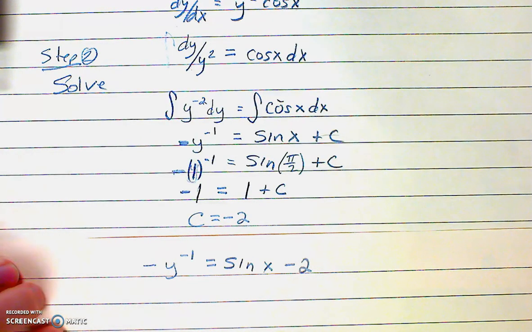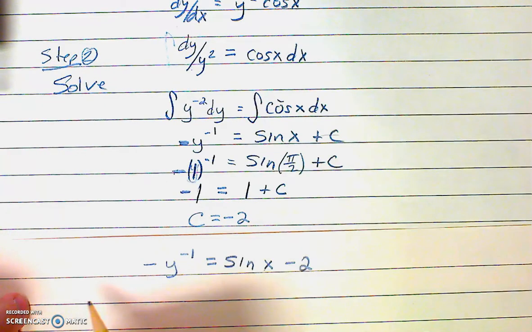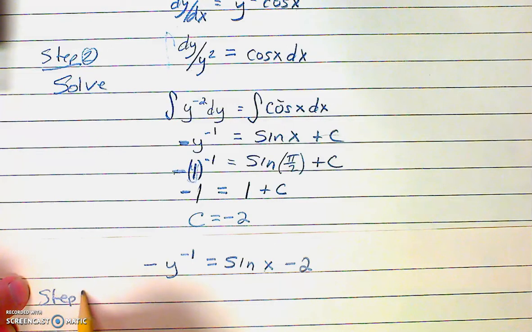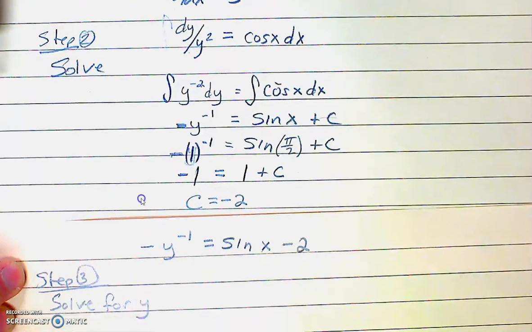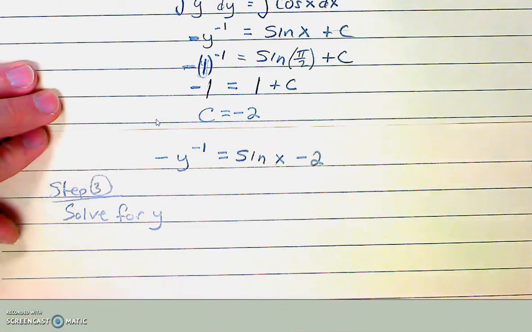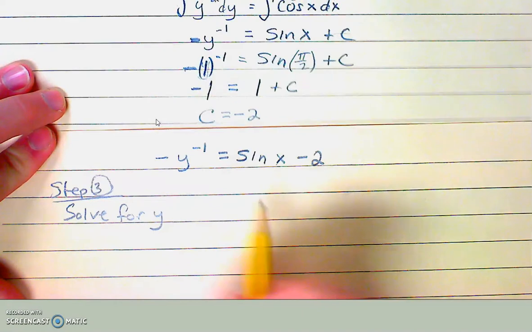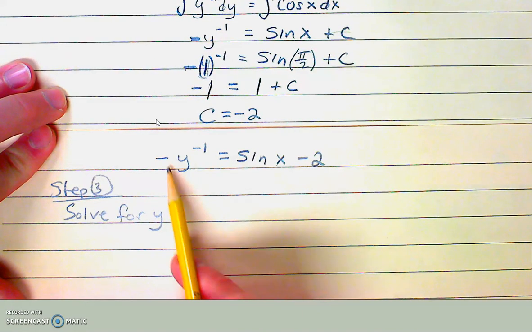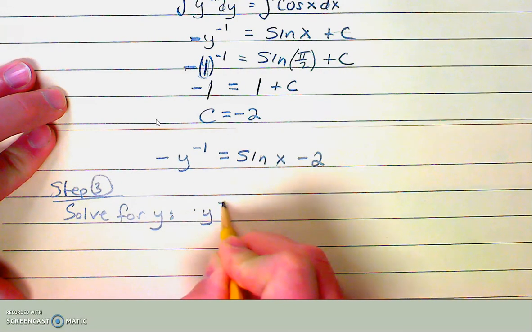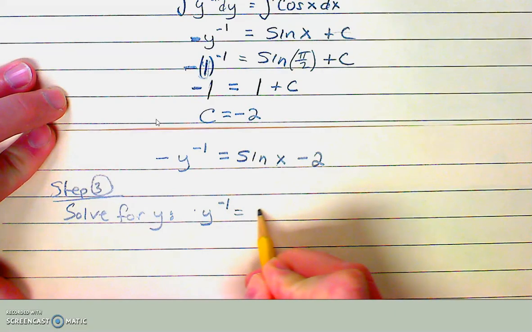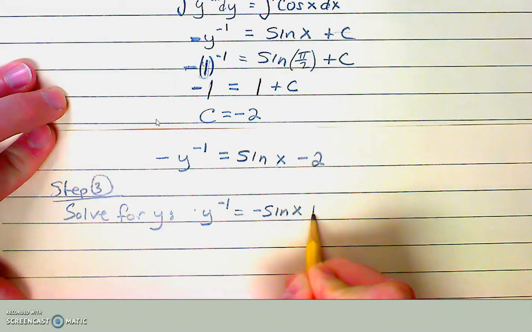But in this case, we do have more work to do. Your third step is then to solve for y. So we need to solve this for y. So if we multiply by negative 1, you get y to the negative first equals negative sine x plus 2.